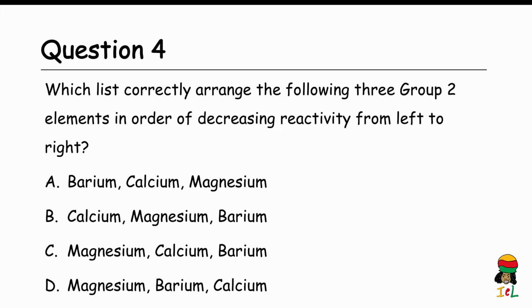Question 4. Which list correctly arranges the following 3 group 2 elements in order of decreasing reactivity from left to right? A. Barium, calcium, magnesium. B. Calcium, magnesium, barium. C. Magnesium, calcium, barium. D. Magnesium, barium, calcium.